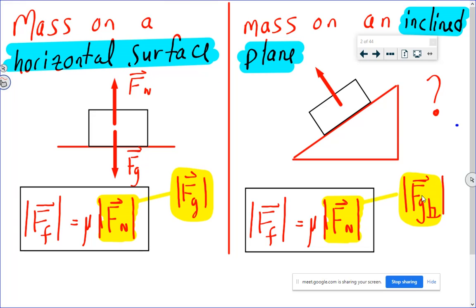So the things in yellow are the things you need to know. And why would you need to be able to calculate the normal force for an object on an inclined plane? Well, because maybe you want to find the force of friction, and the formula for force of friction is mu Fn.